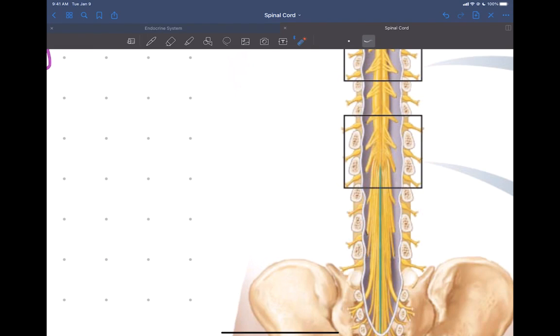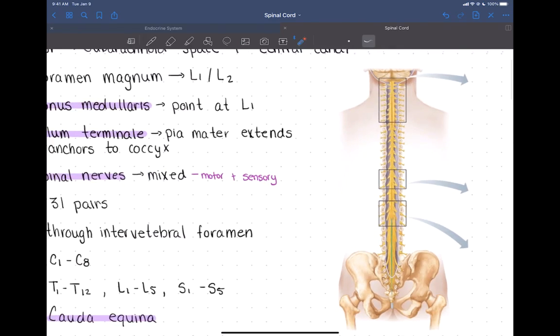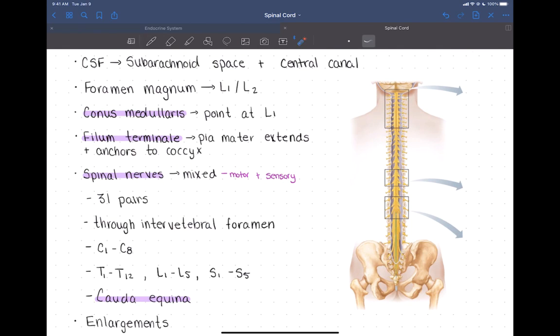They form this tail-like structure here, which is called the cauda equina. All of this is cauda equina. Those are the nerves that extend off of the bottom of the conus medullaris. It means horse's tail, and that's what it looks like. They extend and then leave out of their particular intervertebral foramina.